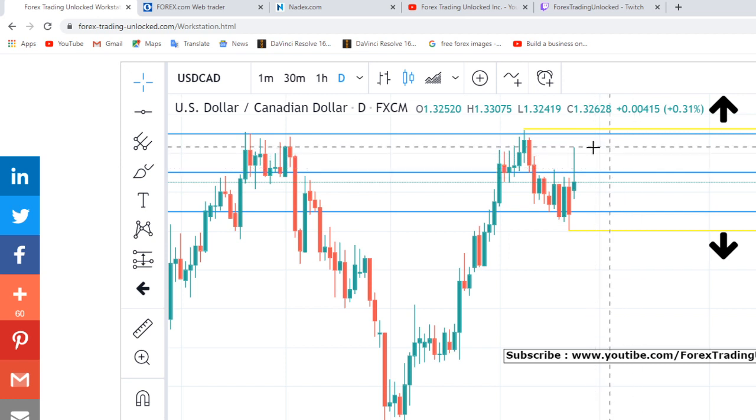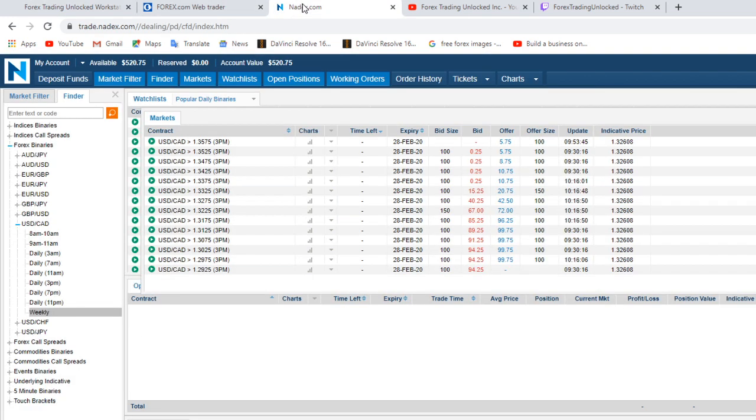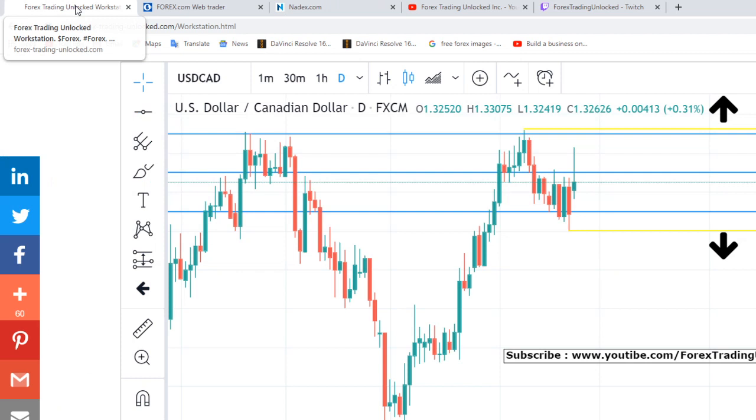By doing that, you don't want to be long, because these binary options are that the US dollar Canada will be greater than these strike prices. So the underlying market is the US dollar Canada, and the question is, will the market be above or below the strike price? These options are stating that the market will be above.